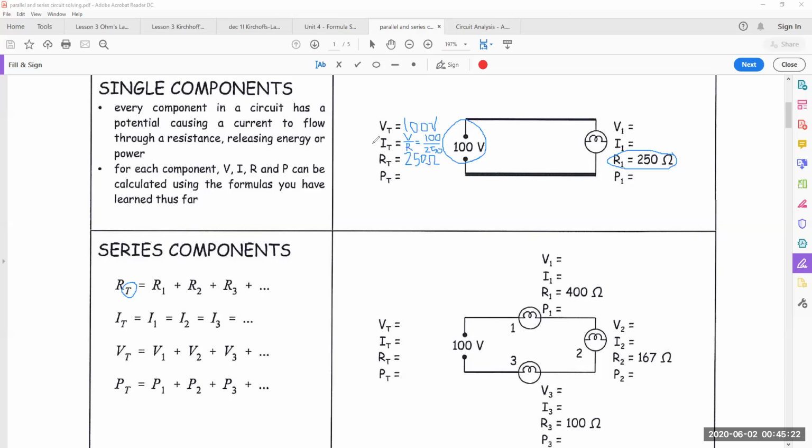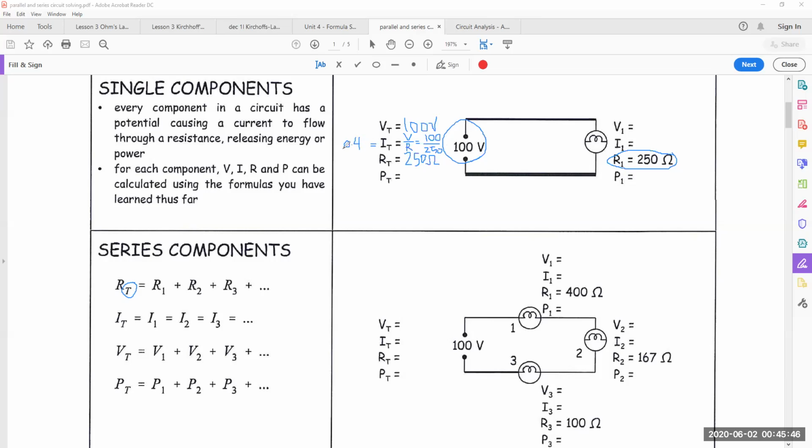I'm just going to put it in here, and I have to calculate it to make sure.